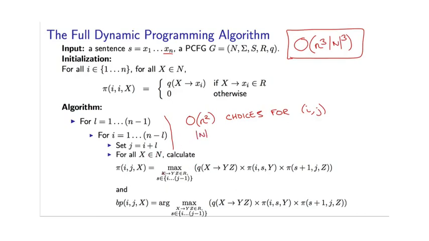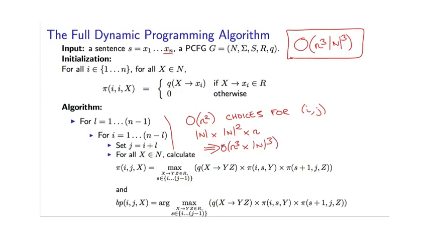For each value of x, we consider all possible rules expanding x. We have at most N squared possible rules, because there are N choices for y and N choices for z. And s also has at most n values, because it's in the range i to j minus 1, with i and j between 1 and n. So finally, we have n cubed times N cubed as the final complexity of the algorithm.